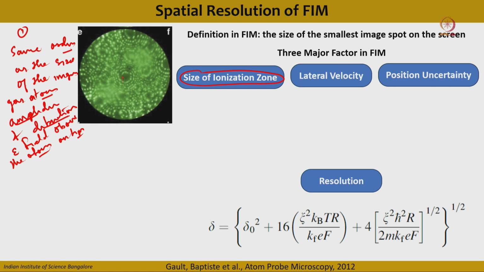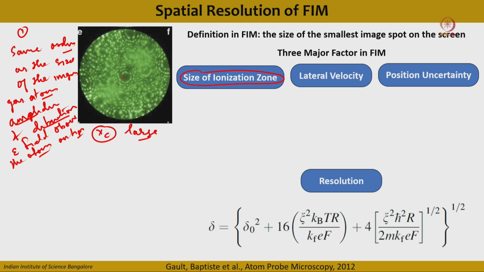If the field is relatively low, as we discussed in the third class, the critical distance xc, the optimum distance where you can get the tunneling effect, will be very large.